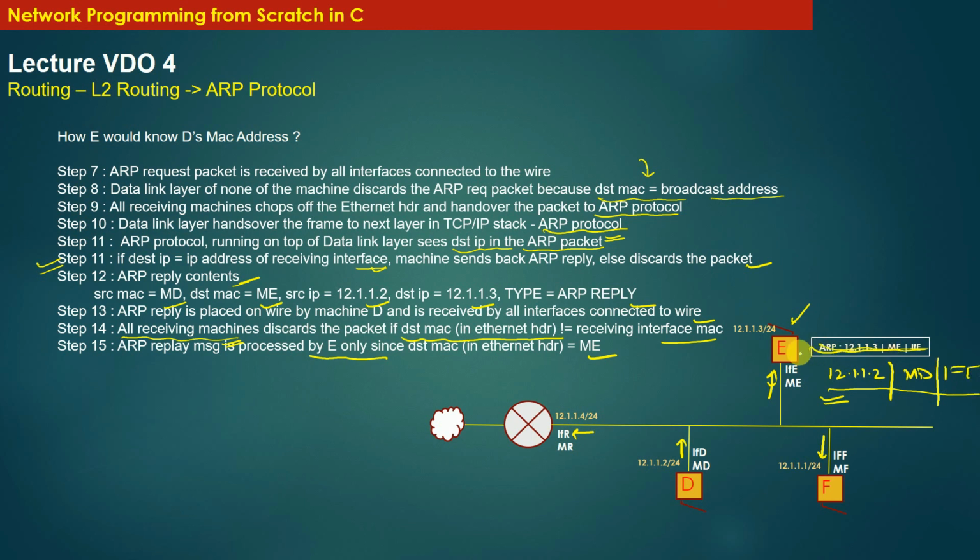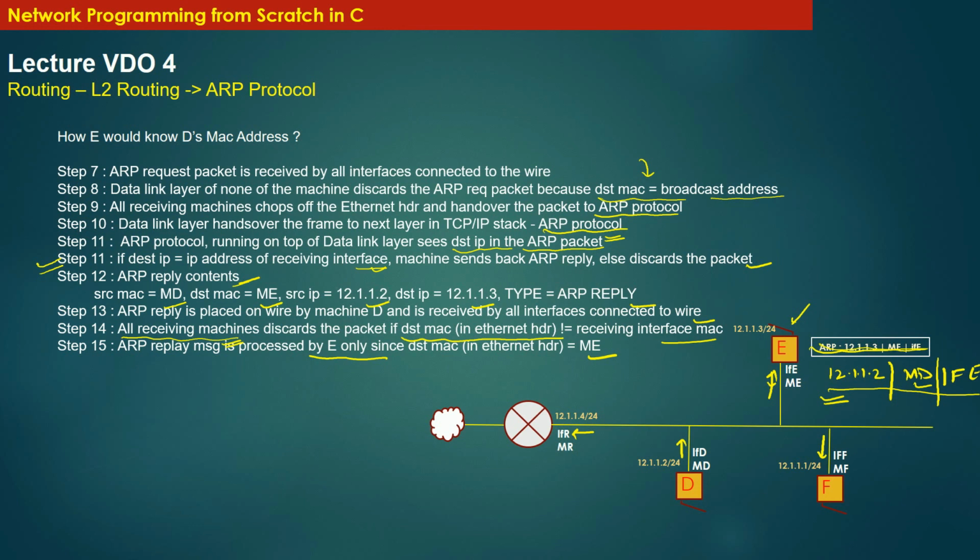So machine E will note that to reach a neighbor 12.1.1.2, the MAC address of the neighbor is MD and the outgoing interface is IFE. Right?